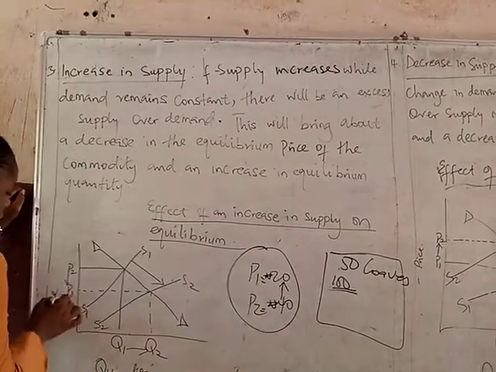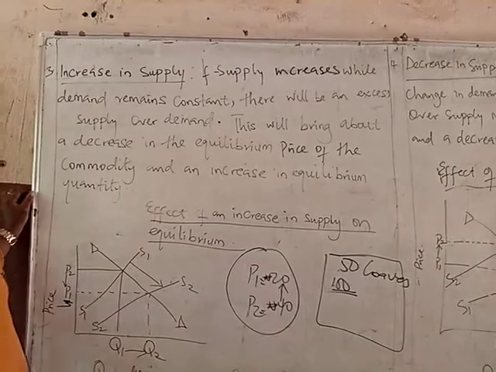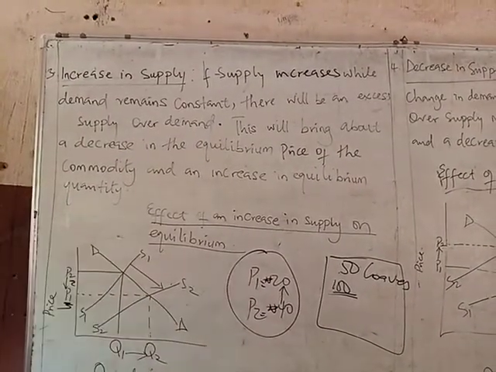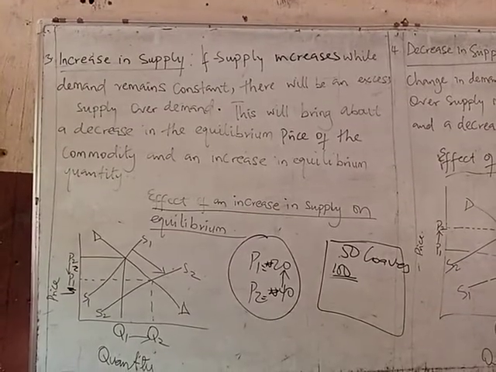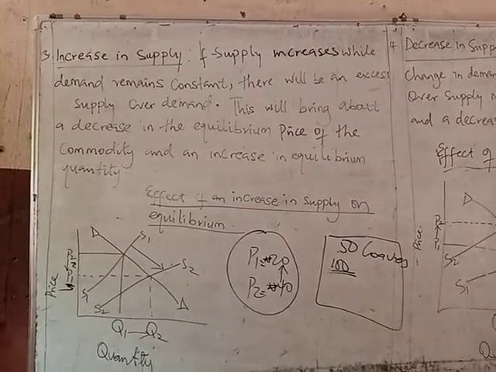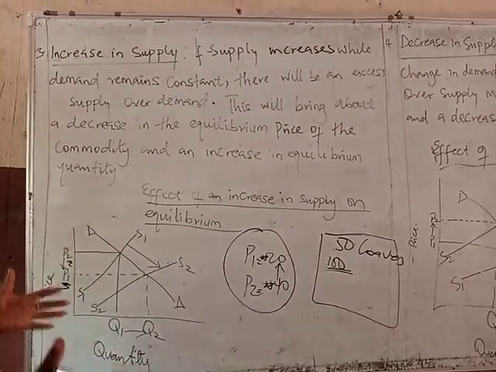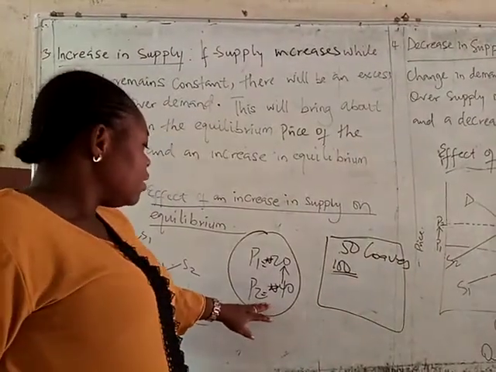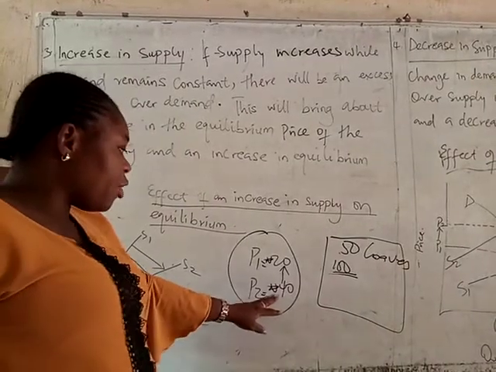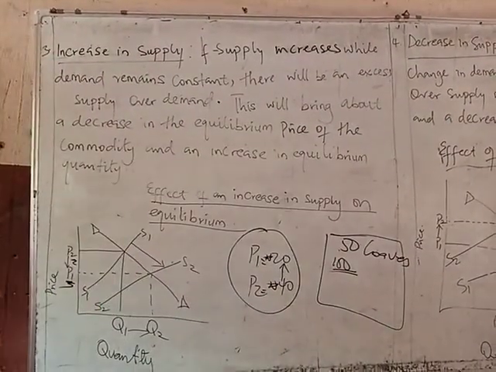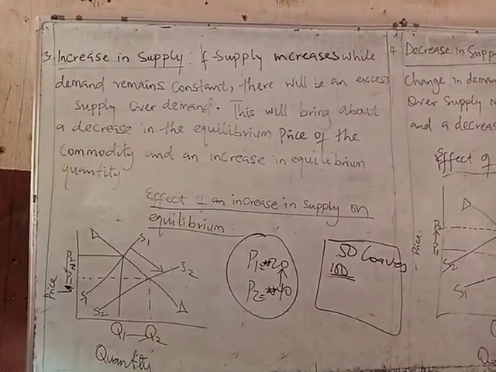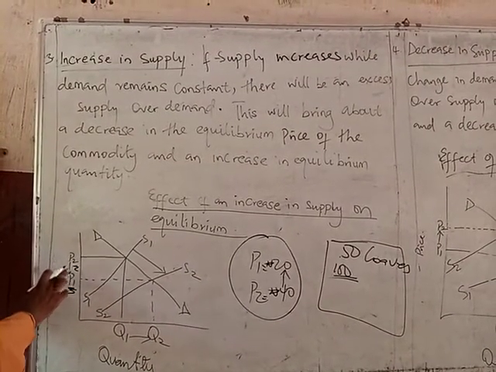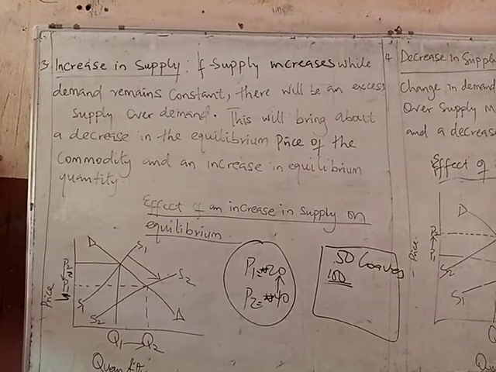So if the first price is 20 naira and the second price is 14 naira, then when we have an increase in supply, that is excess supply, the price will decrease from 20 naira to 14 naira.